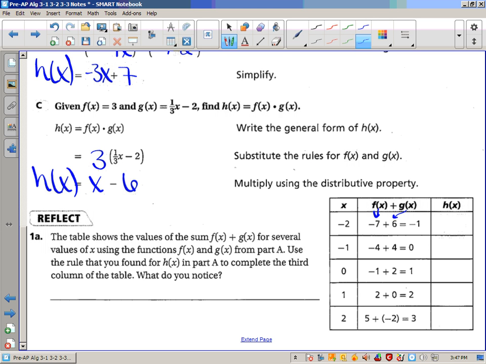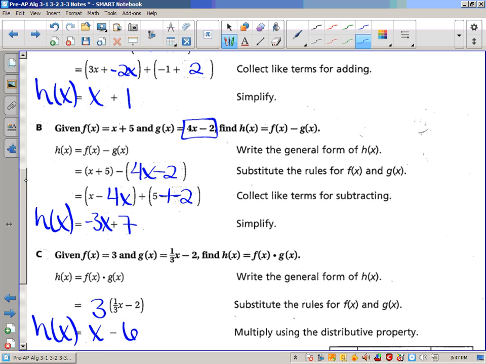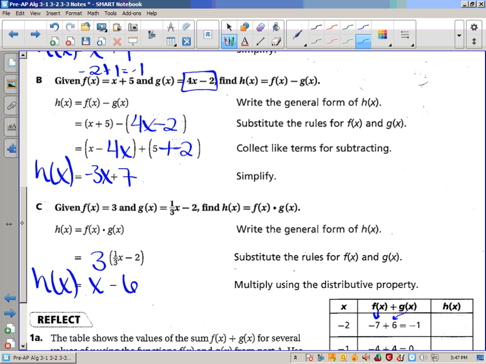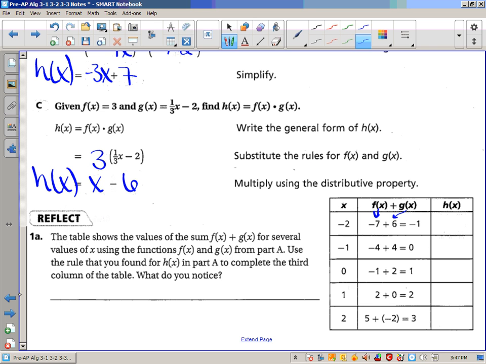So if you add those two values together, you get negative 1. Well, if I were to take that same input, negative 2, and plug it into the function that we created after we added f of x and g of x, I should get the same answer. Negative 2 plus 1 is negative 1. Well, that's what we got here.